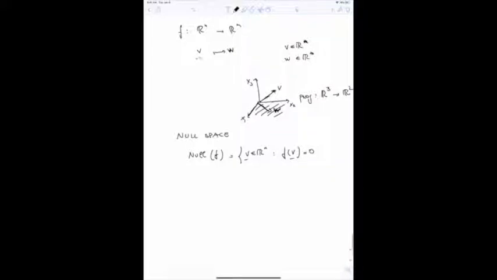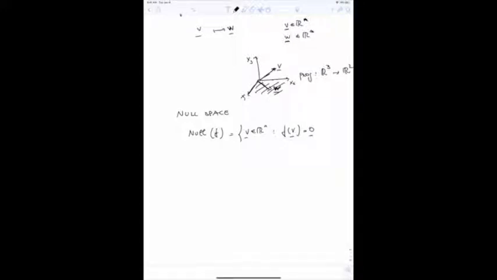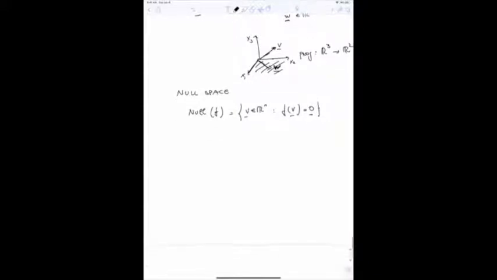So the null space of an operator f is equal to the set of vectors v in Rn such that f of v is equal to 0. Now v is always a vector. I should be more careful with the notation. In this case it's obvious because we have specified the dimension of the space, and so this one here is the null vector, which components are all equal to 0. Okay.